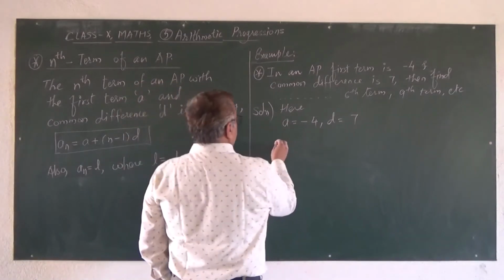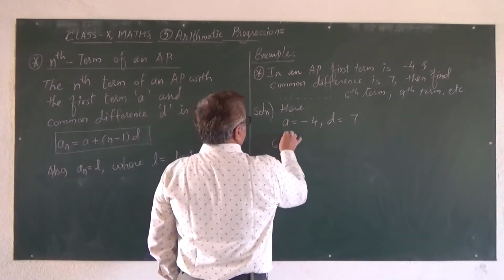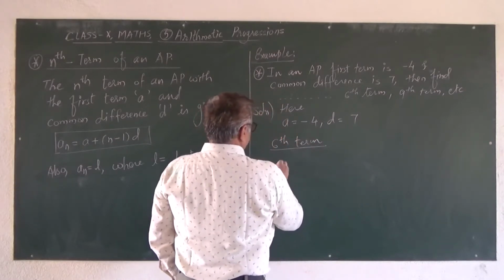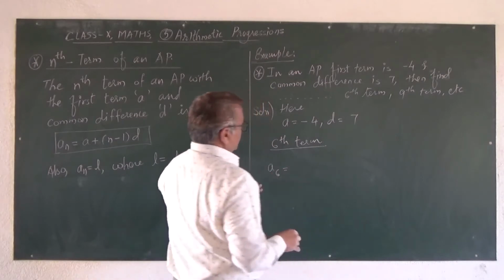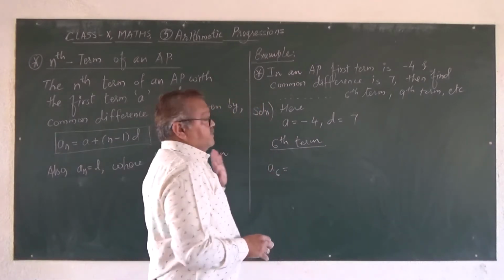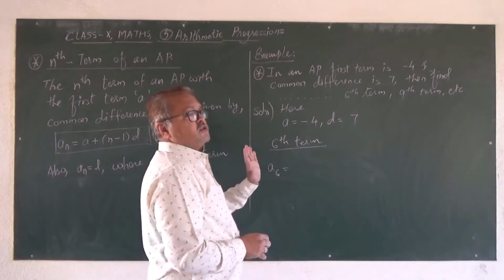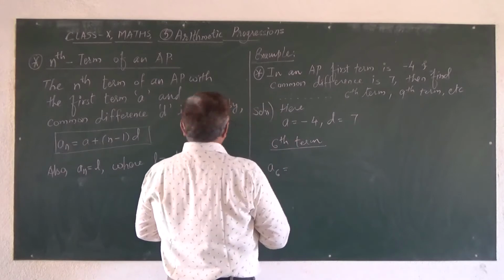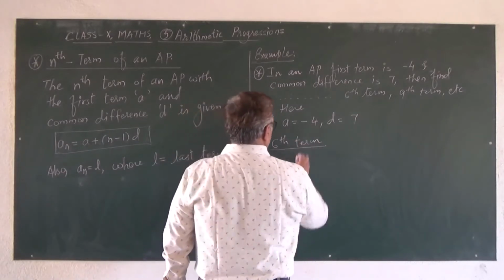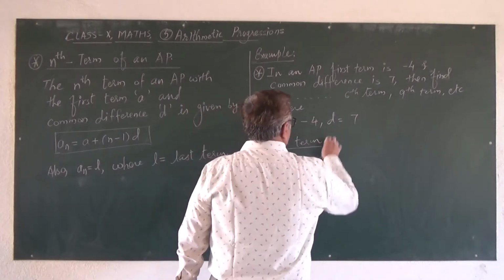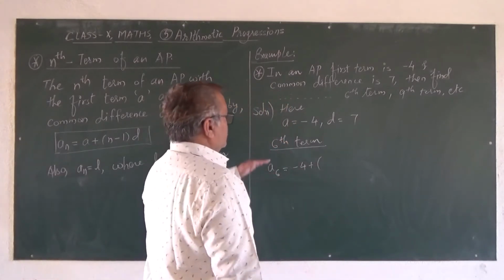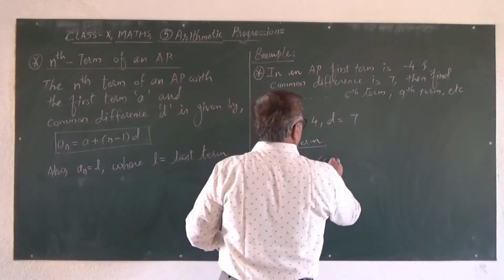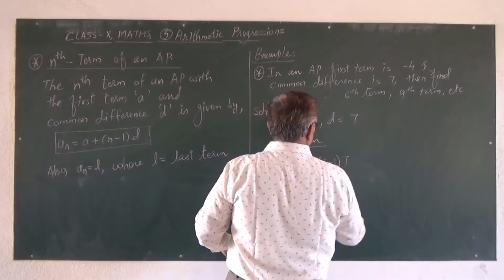The 6th term can be calculated. How will we find it? The 6th term is a6. In that AP we will have 6 terms, so the 6th term is our last term. The 6th term is equal to a, that is minus 4, plus n minus 1 into d. Since we are preparing 6 terms, n is 6, so 6 minus 1 into d, which is 7.